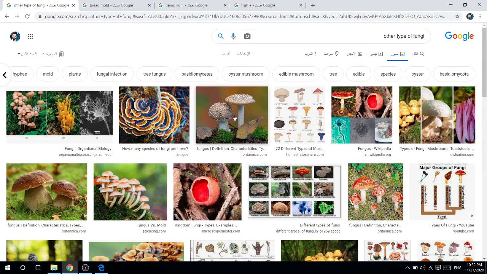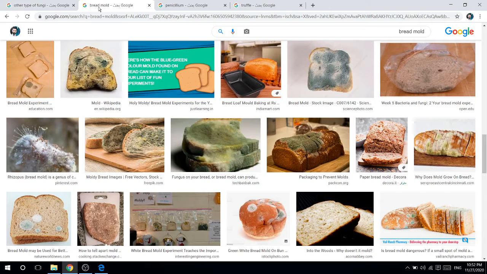We have mushrooms and other things, and this is a bread mold. Do you see on the bread? On the bread we have another kind called bread mold. This one is also a kind of fungi.